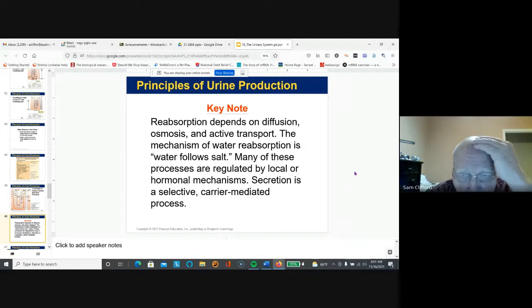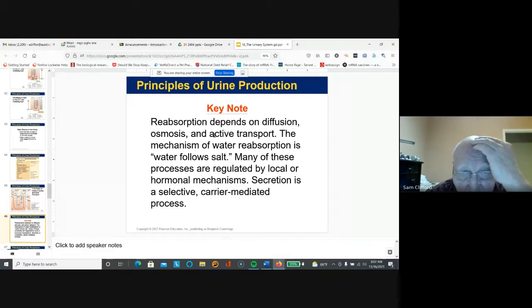Okay, so movement of fluids depend upon diffusion, osmosis, and active transport. So water follows salt. So remember, osmosis is the movement of a substance through a semipermeable membrane to the region where there's the highest concentration of solute.